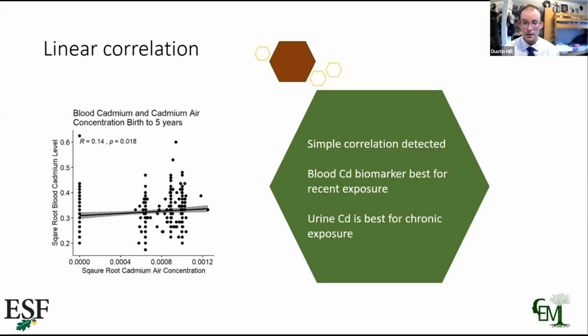Urine cadmium is actually a better indicator of chronic exposure. The reason we started with blood cadmium is because we had that data sooner, and we only obtained the urine data more recently, in the past month, actually. So now we're able to look at urine cadmium and our chronic exposure rates. We have a better matchup going forward.